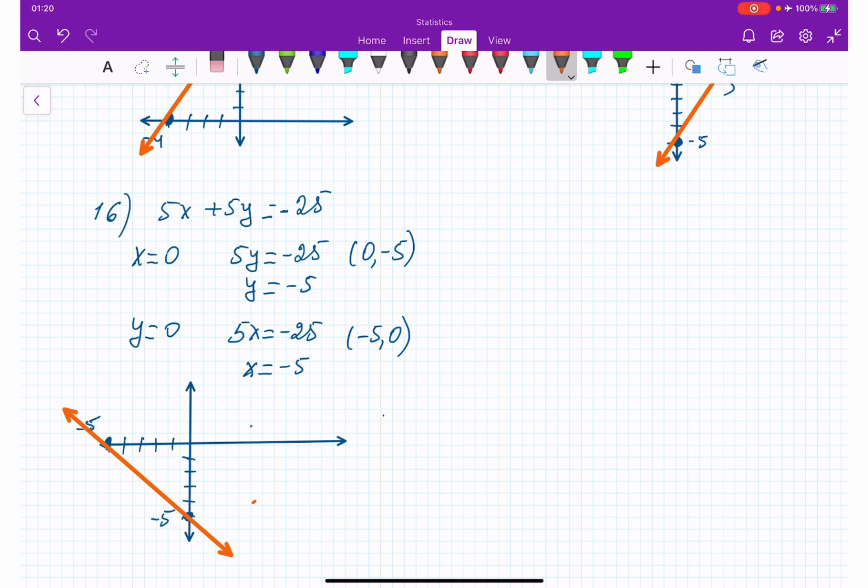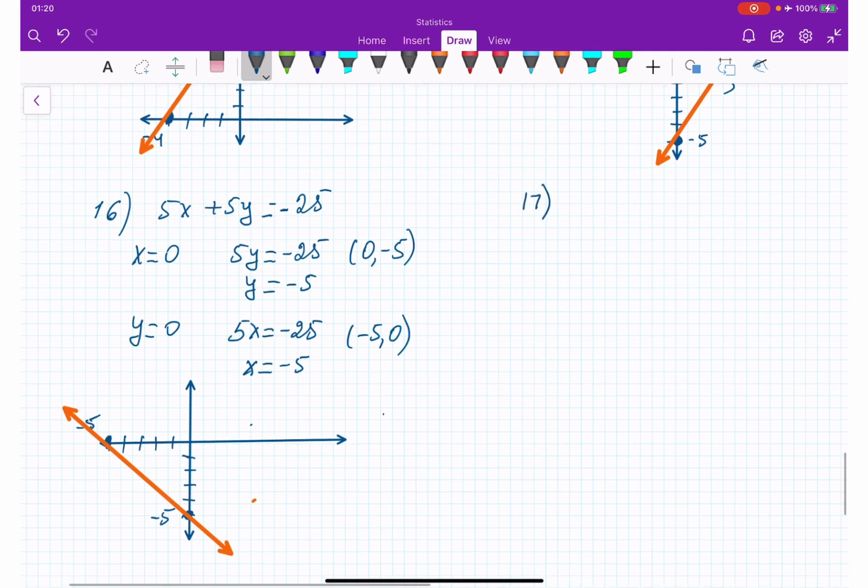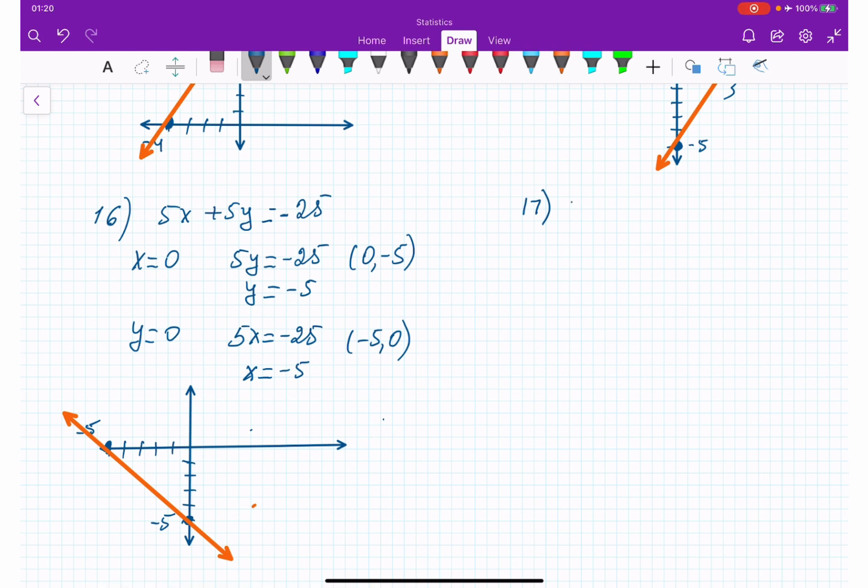And the last question. So 4x minus 2y equal negative 4.